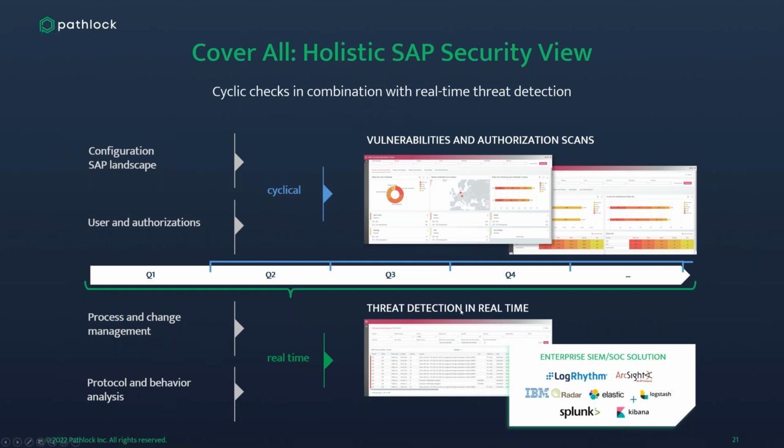And you can do that without threat detection, or within your SIEM and SOC solution that is already installed. And we always say, please integrate all the information you're getting here within your SIEM and SOC team.